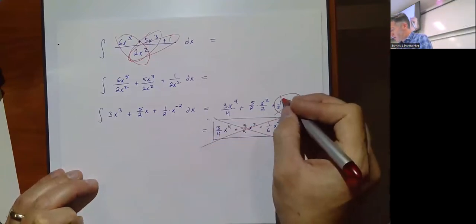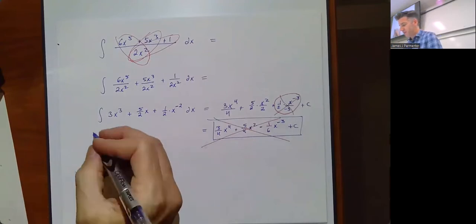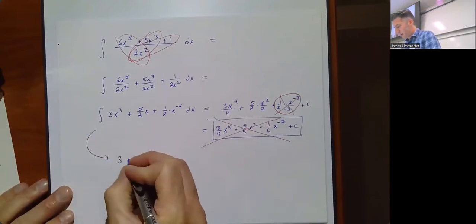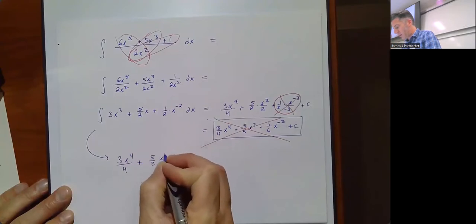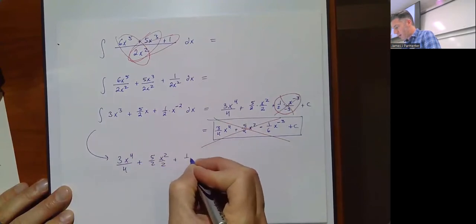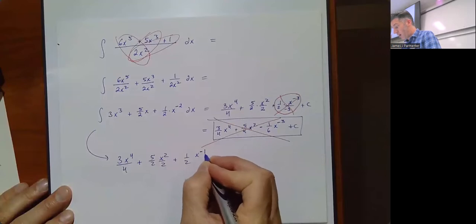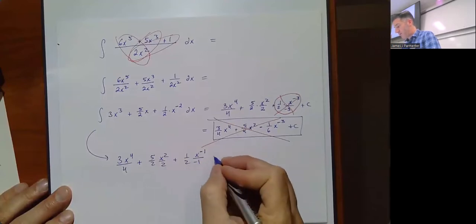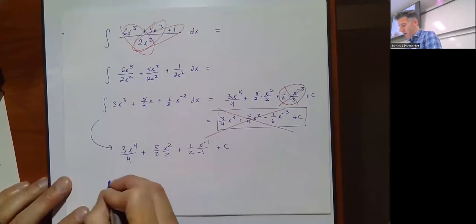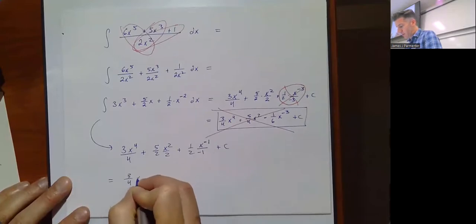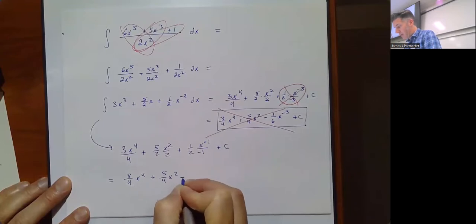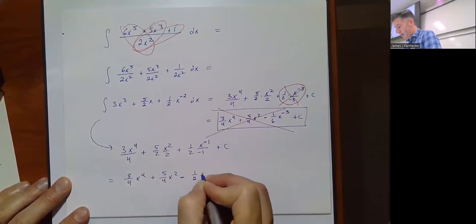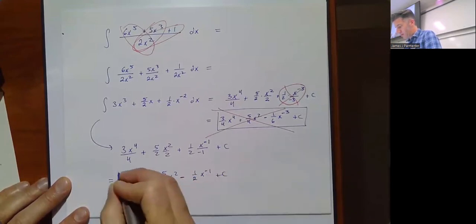What I should actually have is 3x to the 4th over 4 plus 5/2 x squared over 2 plus 1/2 x to the negative 1 over negative 1. And then if we simplify, we get 3/4 x to the 4th plus 5/4 x squared minus 1/2 x to the minus 1 plus C.